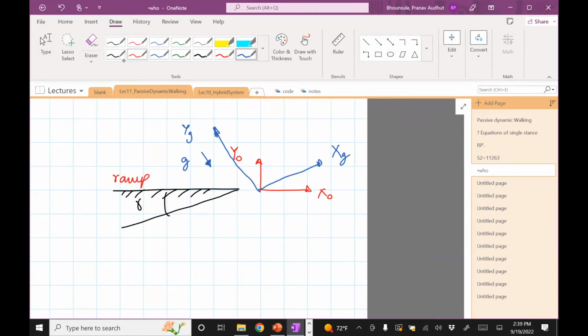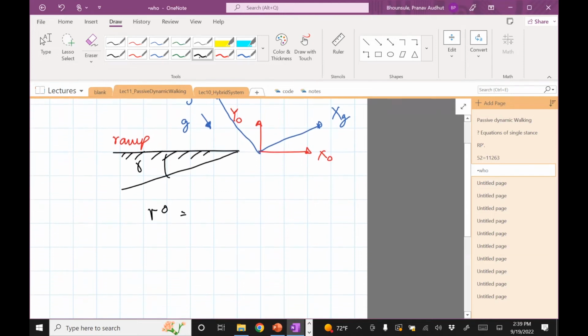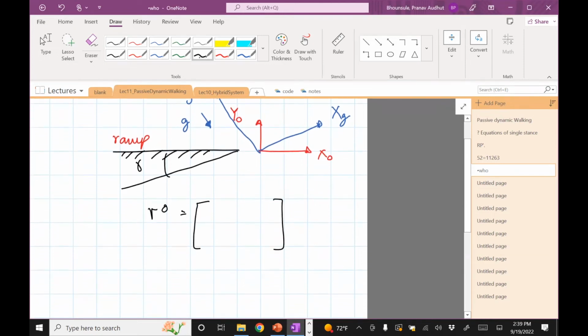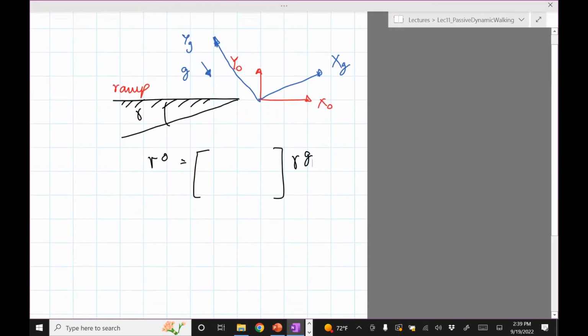Okay, so I don't quite need the homogeneous matrix here. What I can do is, given a position, let's call this R in frame 0, then I can relate it to the frame G, which is my gravity frame, through this rotation matrix.